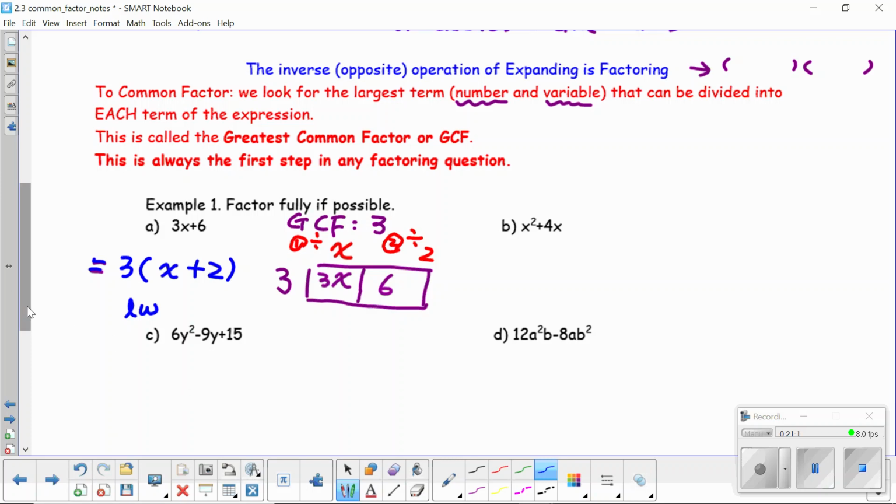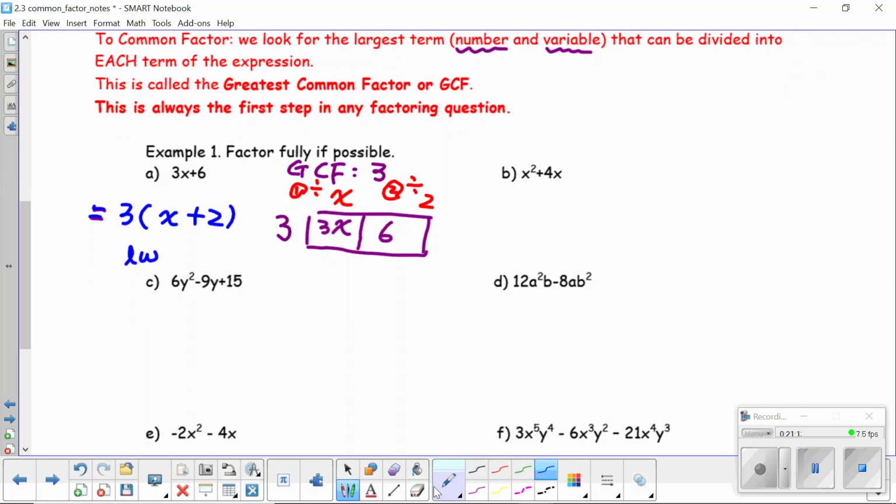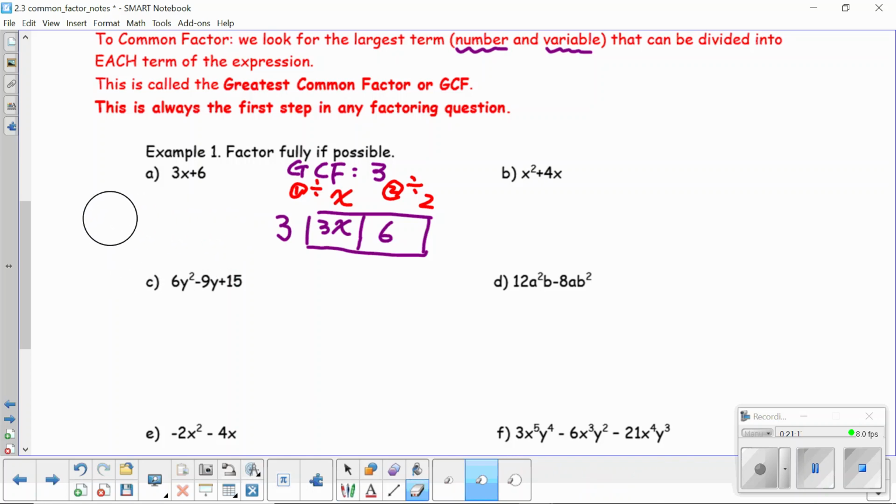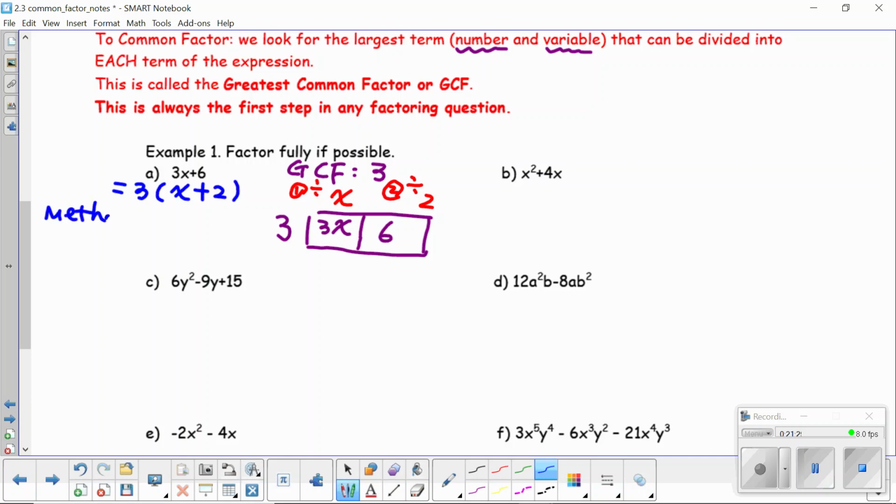Another way you can do it is you don't draw the box, and I will show more steps. So this is one way where you draw the box. The second method is you always need to find the greatest common factor first.